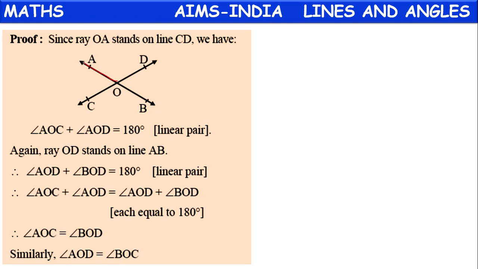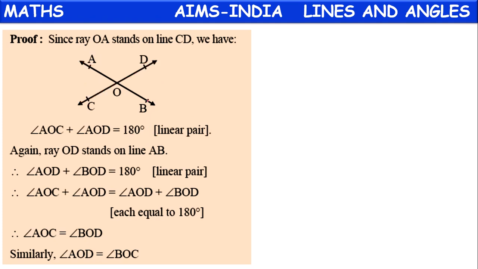So on either side of the line, these two angles sum to 180 degrees according to the linear pair concept which we have learnt already. If a line is standing on another line, all the angles formed on the same side of the line equal 180 degrees. So AOC plus AOD equals 180 degrees.